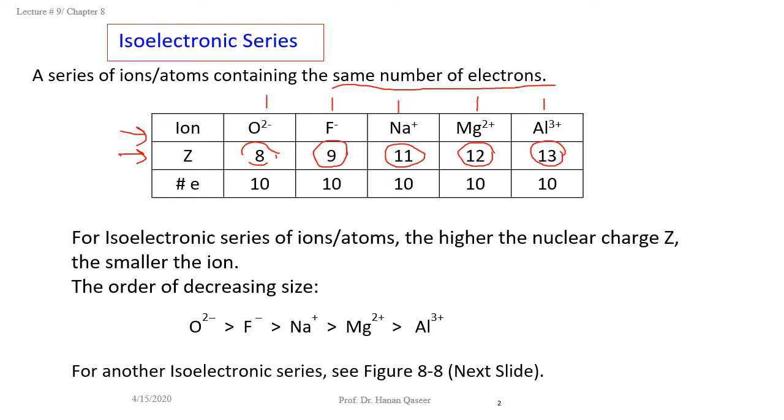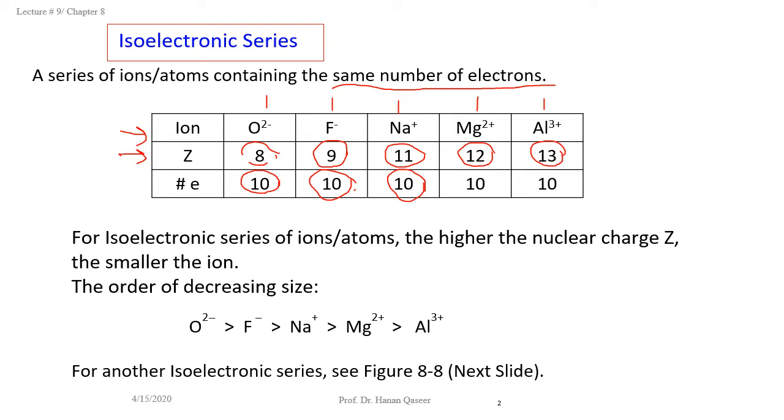So here oxide ion, which means that oxygen gained 2 electrons, so number of electrons in the oxide ion is 10. Fluoride ion gained 1 electron, 9 plus 1, 10 electrons. Sodium cation, Na plus 1, lost an electron, 11 minus 1, 10.